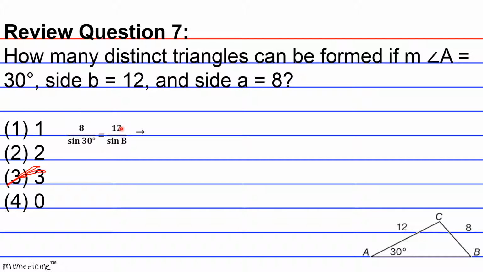When we do that, we get that 8 sine B is equivalent to 12 times the sine of 30 degrees. You should automatically know by now that the sine of 30 degrees is 1 over 2, or 0.5. If you need your calculator to evaluate this, be sure that you're in degree mode.